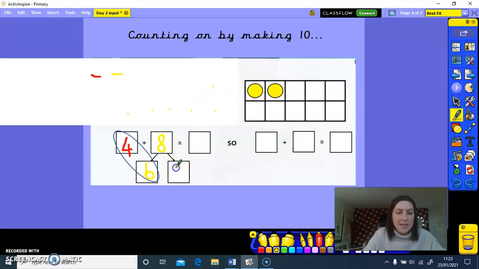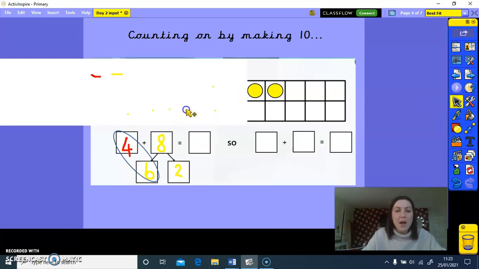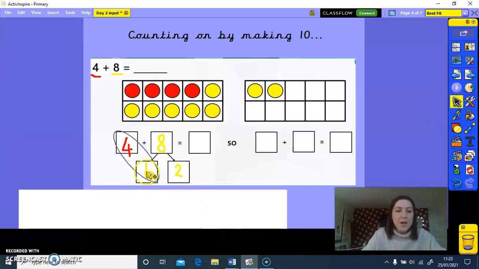So the other part is 2. 6 add 2 makes 8. So that is correct. This part whole model here is correct, and this part here is correct because 4 add 6 makes 10. So then we can fill this part in over here. So we know we have got 4 add 6, which makes 10.